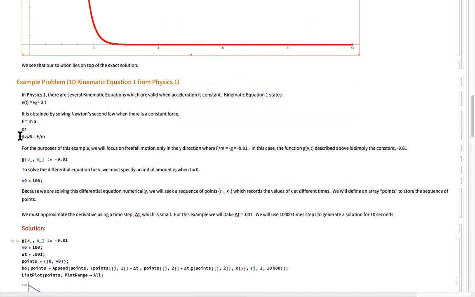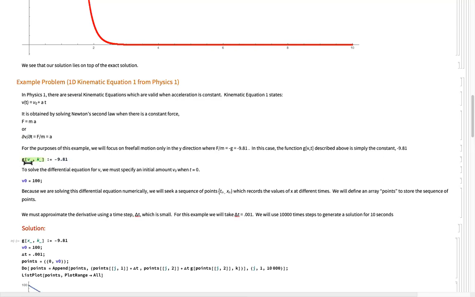We're going to actually focus on this differential equation, though. F over m stands for force over mass. It just equals the acceleration from the previous slide. The right-hand side, the acceleration, is just going to be a constant.